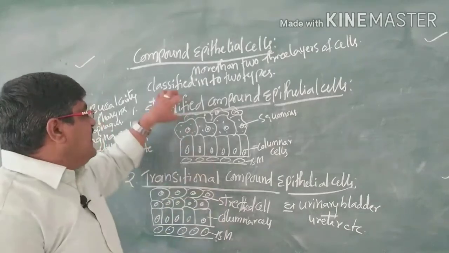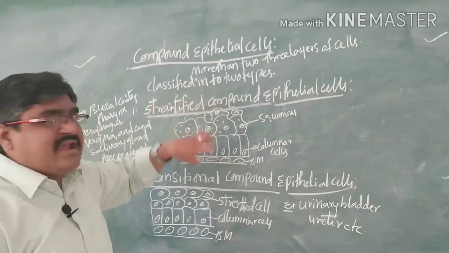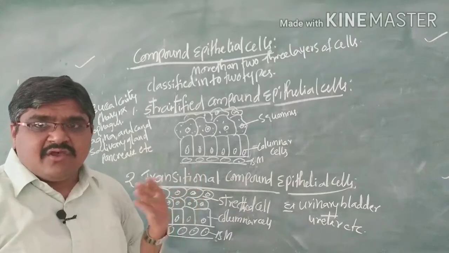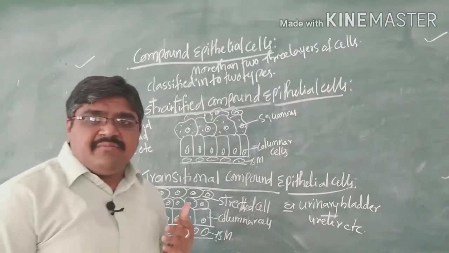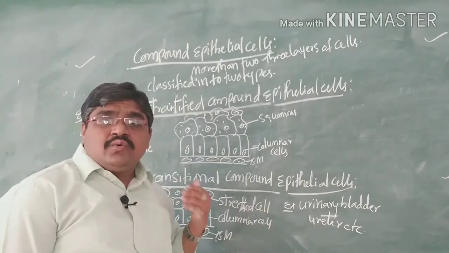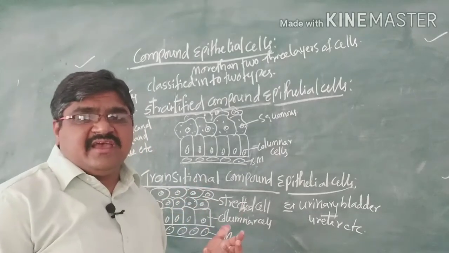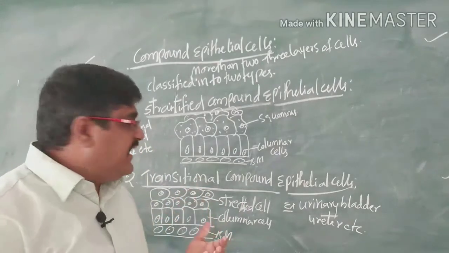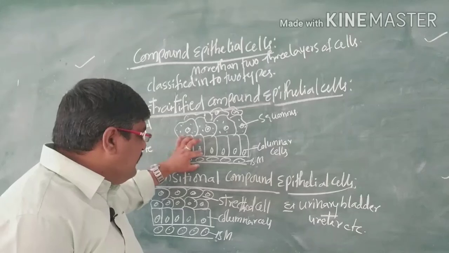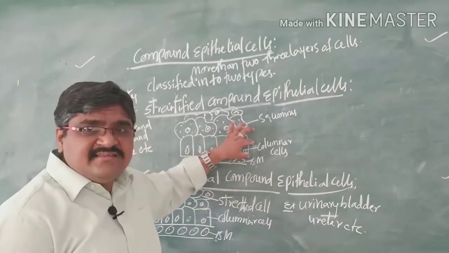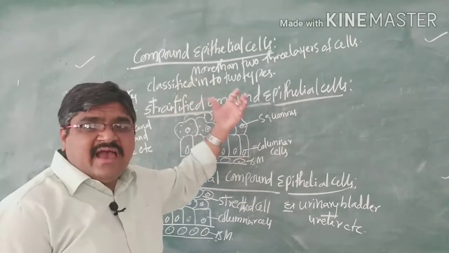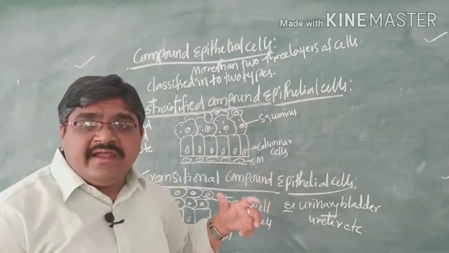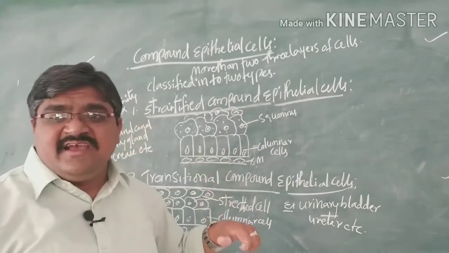So here in the stratified compound, stratified means many layers. If on the basement membrane there are more than 2 to 3 layers of cells presenting, we can call it stratified. In this stratified, on the basement membrane there are columnar epithelial cells. Above the columnar cells there are squamous, cuboidal, columnar or ciliated columnar cells.